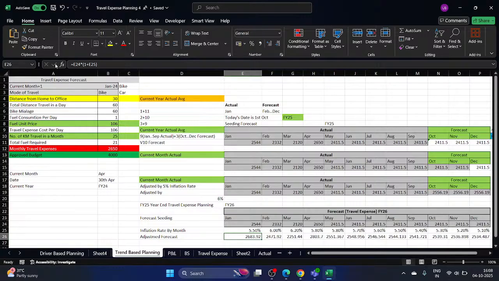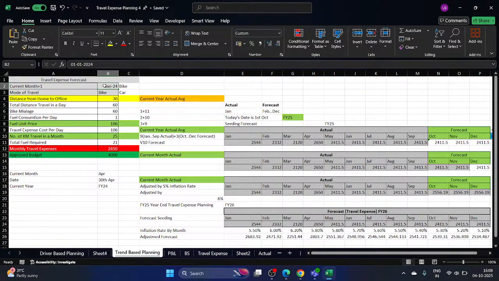So travel and expense forecasting. Here is the current month plus one. Forecasting is generally done for the next month. So here the particular period, like January 24, sorry, we have to change.